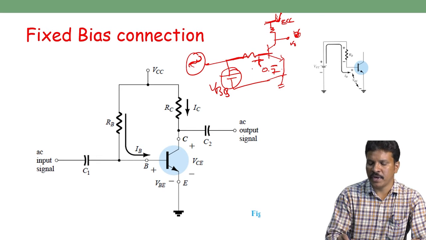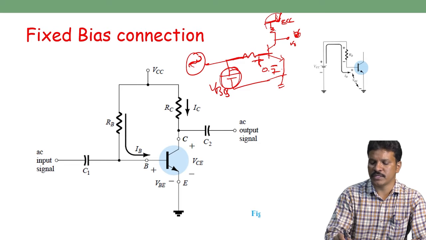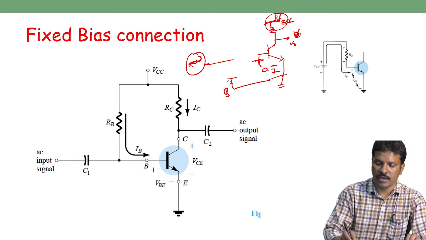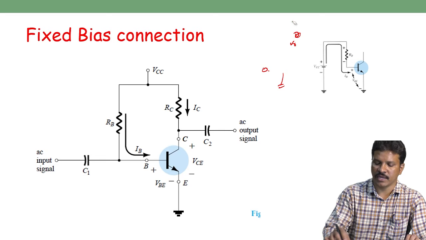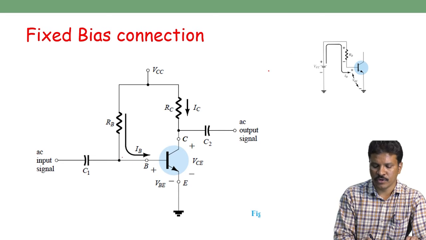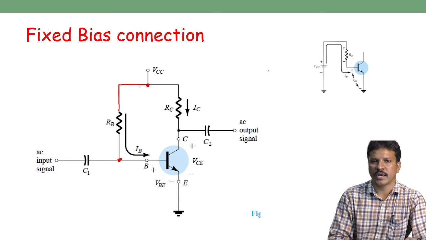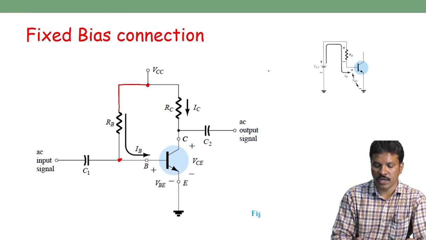So this basic fixed bias circuit requires two supplies, two different batteries. Why do we need two separate batteries? Why don't we eliminate them and provide a single source? That idea can be applied in this fixed bias diagram. The base terminal has a base resistor, and I take the other end of that resistor to the collector supply VCC only.